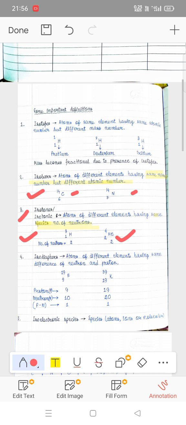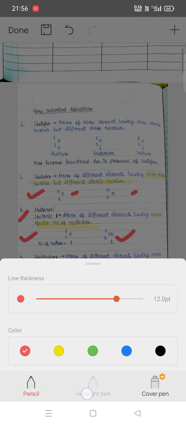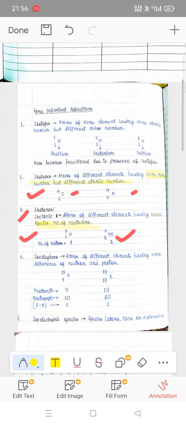Next we are coming to isodiaphers. What is the definition of isodiaphers? Atoms of different elements having same difference of neutron and proton.